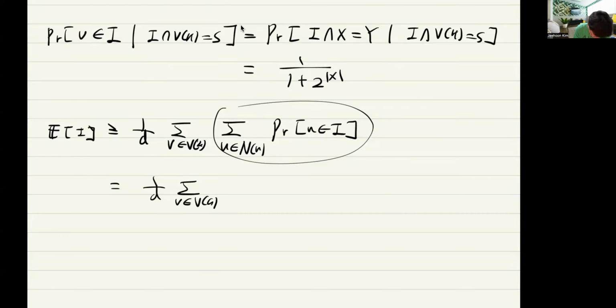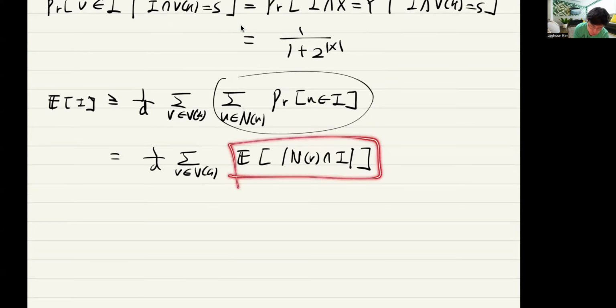The expectation of the number of vertices in the neighborhood of B that belong to I.